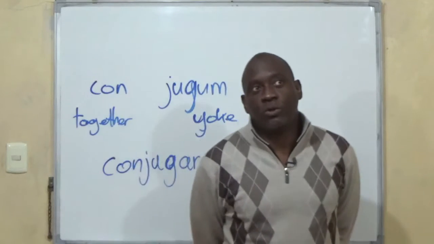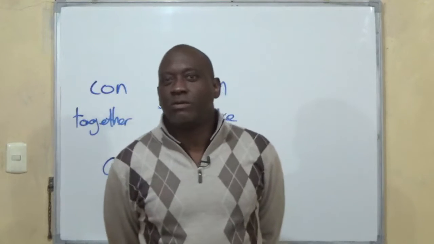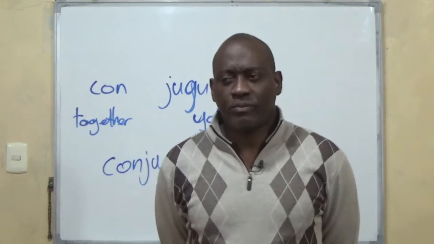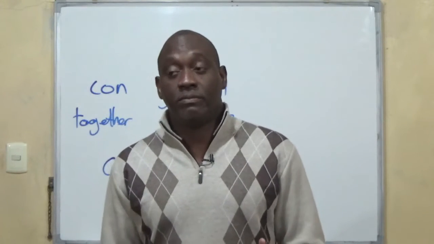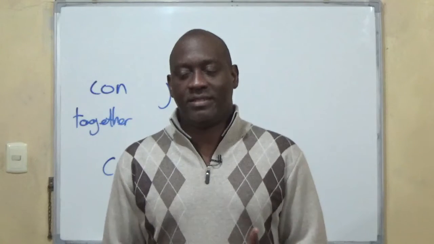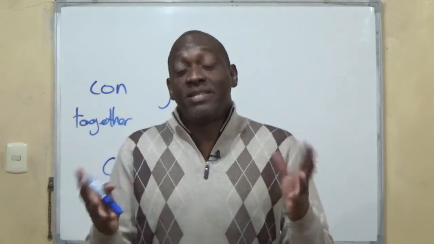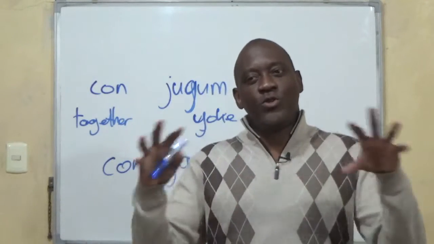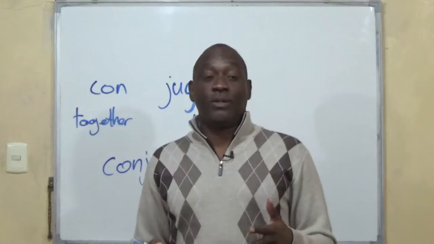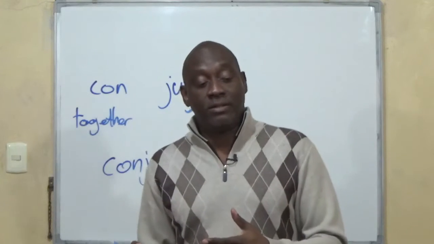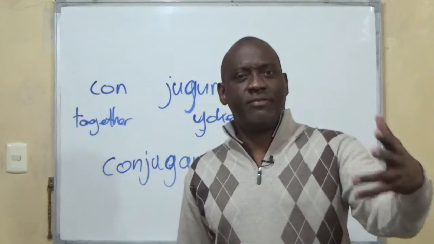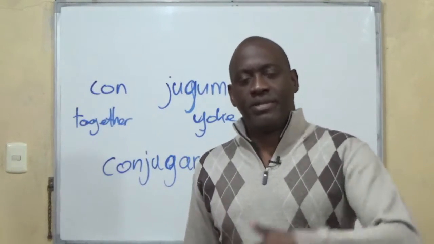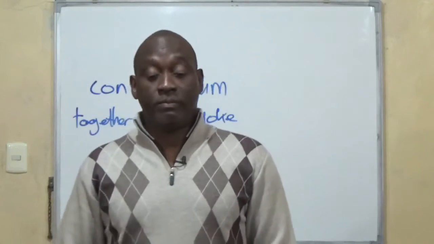So, two common examples of words that sound pretty much like conjugate. In prison, we have the concept of what we refer to as the conjugal visit, where the prisoner will be allowed a visit from their significant other. A man in prison, they allow the girlfriend to come.